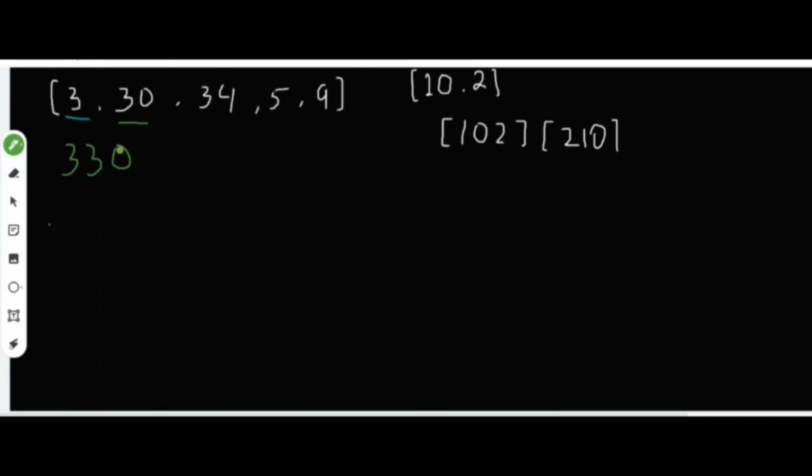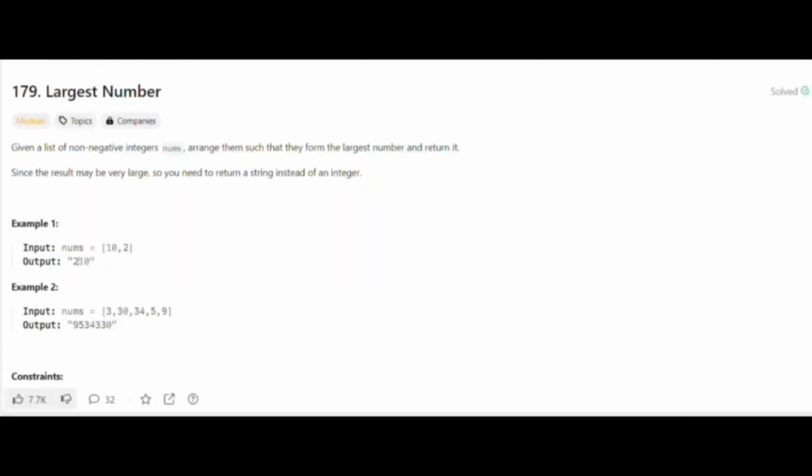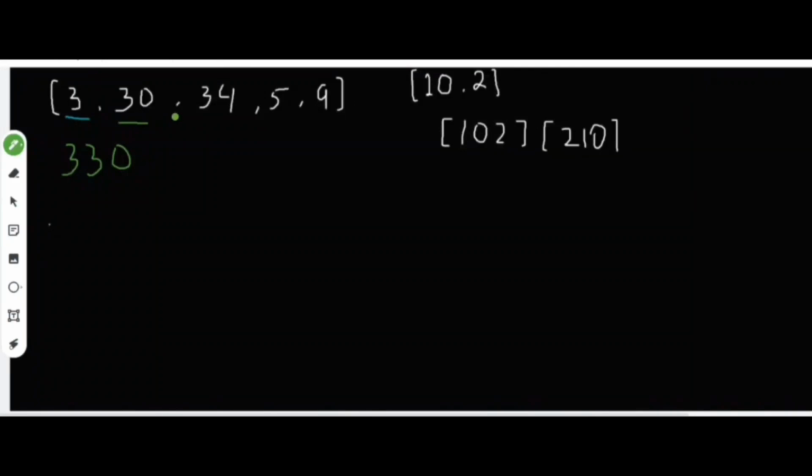Remember, as the question suggests, you need to return a string. You cannot return an integer, because if you add them as integers, you will get 3 plus 30 as 33. We do not want that. So you join them while considering them as strings.